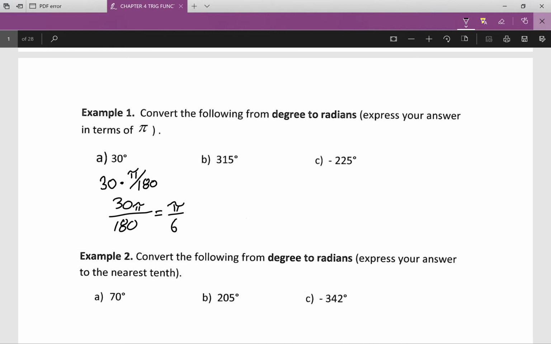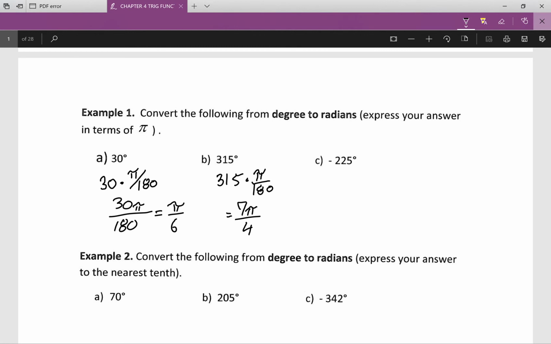Let's check out the next one. So what we have right here is 315. So I go 315 multiplied by pi over 180. Now, an effective way to do this on your calculator is to ignore the pi, go 315 all over 180, and then convert it into a fraction, and this one gives us 7 pi over 4.